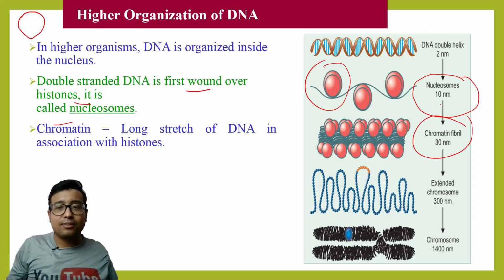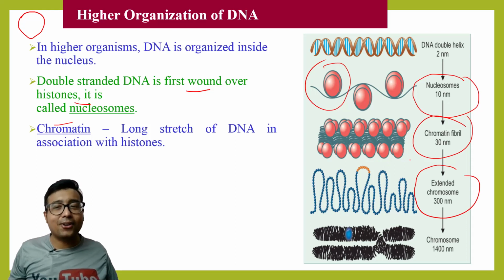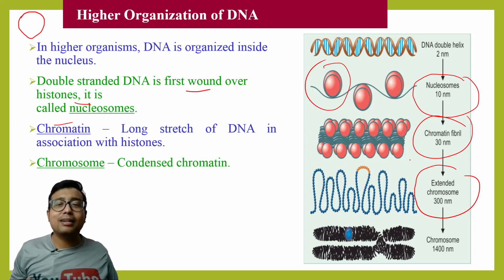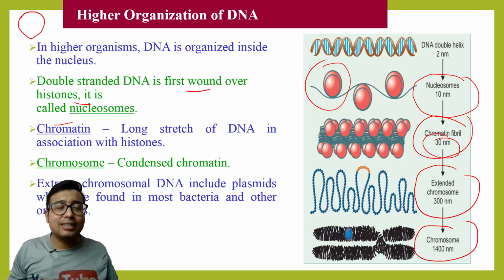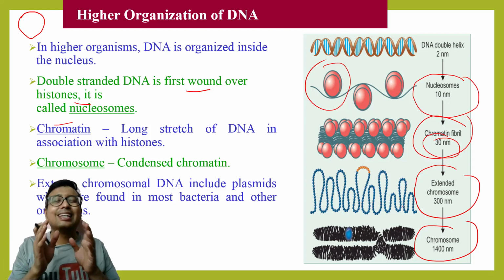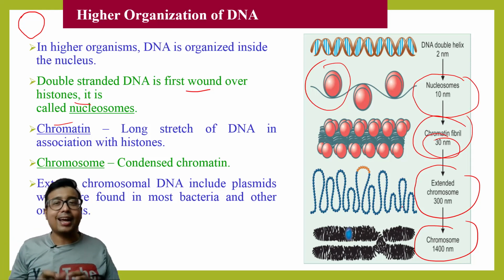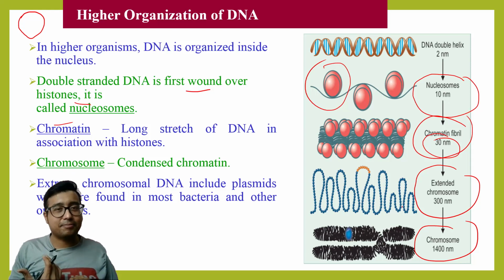It keeps on coiling and coiling, and ultimately, just imagine the number of times, almost 50 times it coils, so 30 nanometer to 1400 nanometer. It now becomes a condensed chromatin and a chromosome. You should have a relative idea about the scale at which DNA is coiling.